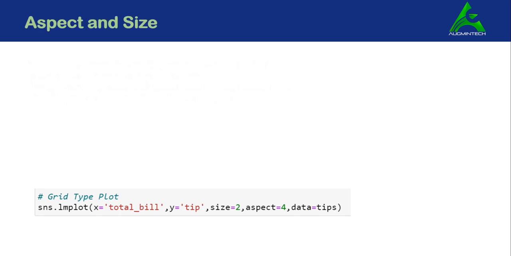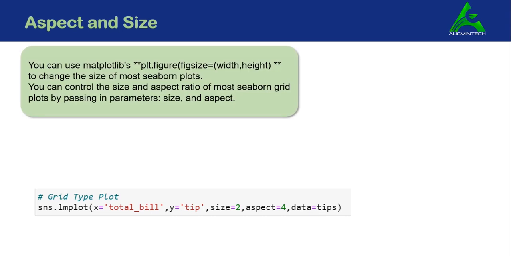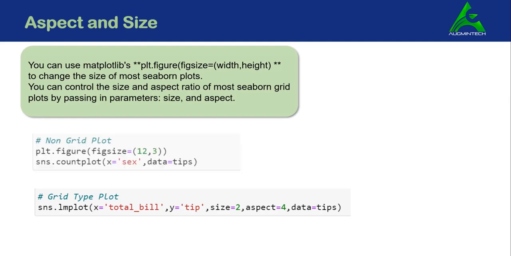And then you can also use matplotlib's plt.figure with figsize equals width comma height to change the size of most of the seaborn plots. So figsize is a parameter that we can use in matplotlib in order to specify the width and height of the plot. You can also control the size and aspect ratio of most of the seaborn grid plots by passing in parameters like size and aspect.